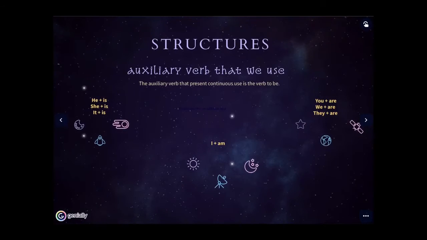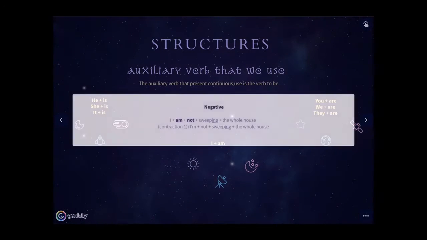With the negative form it is I am plus the negative word, not, the negative auxiliary. I am not, and that's it. We can also contract, saying I'm not.